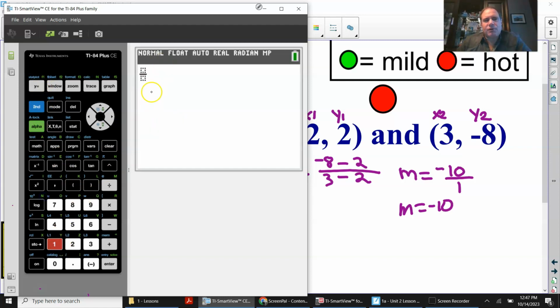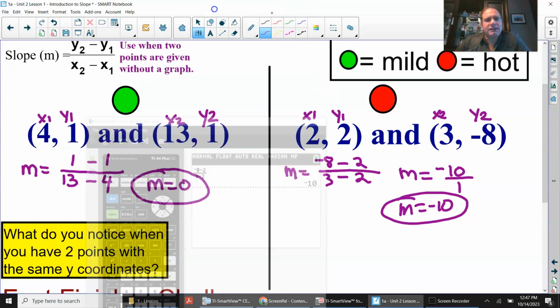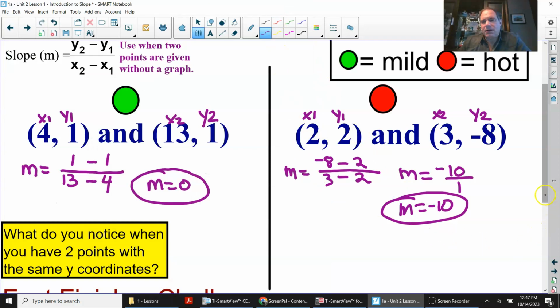And then you could press 1 and you could have that nice fraction symbol there. Negative 8 minus negative 2, and then 3 minus 2 is the denominator of your fraction. Once you press enter, it gives you negative 10. Let the calculator do all of the math for you.